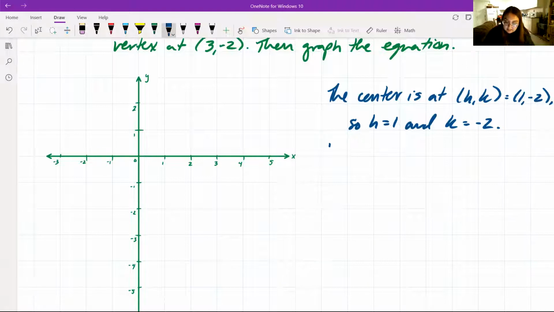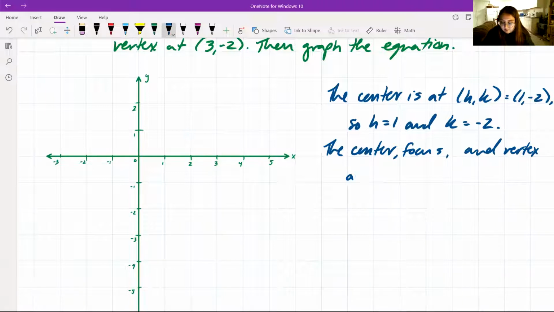Then we see that the center, focus, and vertex all lie on the line y is equal to negative 2.